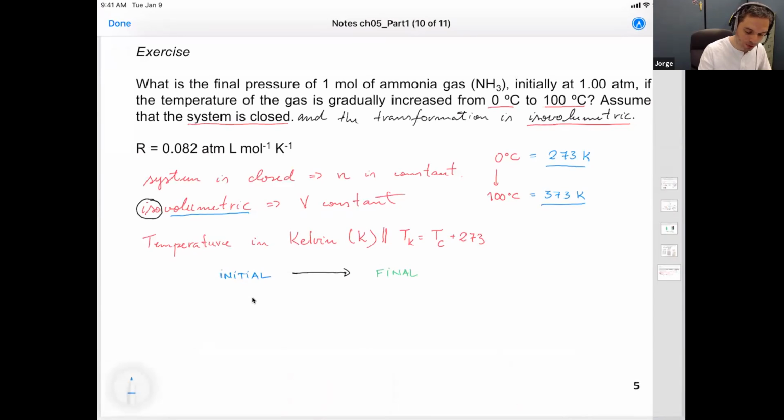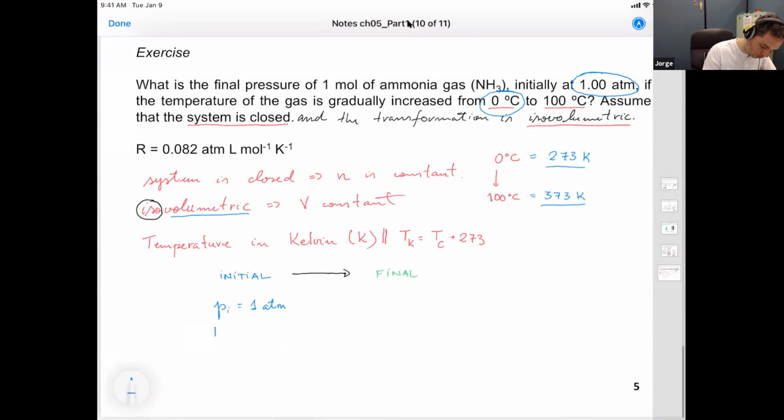In the initial state, the pressure is 1 atmosphere. So I'm going to call Pi is 1 atmosphere. The temperature that we start the transformation is 273 Kelvin. So I'm going to call Ti. That's the starting temperature.